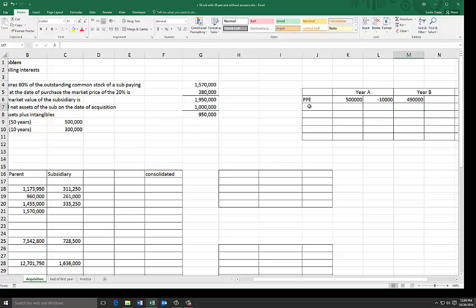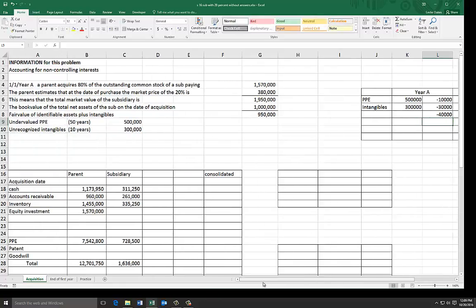We also have those intangibles that we find for $300,000, and they're going to be adding expenses of $30,000. So each year we're going to have an additional amount of expenses, $40,000.